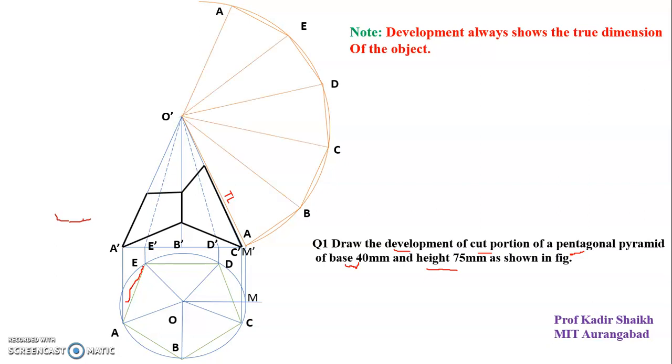Now join all these corners with the apex O dash so that we can see the 5 different triangles attached to each other as a development of the pentagonal pyramid.